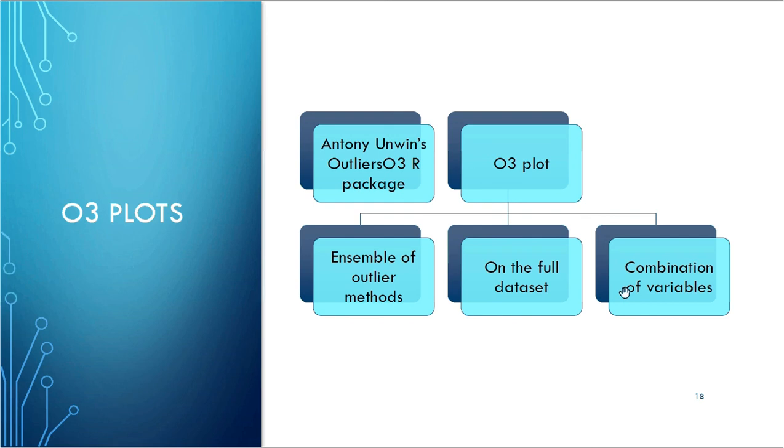The O3 plot uses an ensemble of outlier methods. It finds outliers using this ensemble on the full data set, and also on combinations of variables, so on different subspaces of the data set.